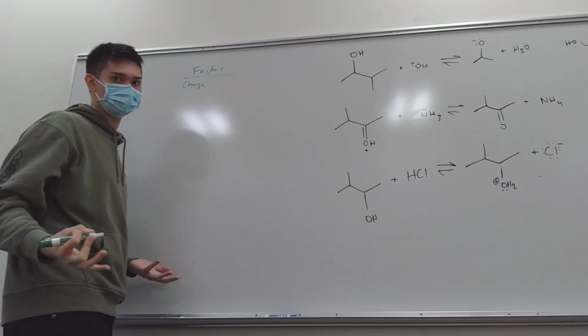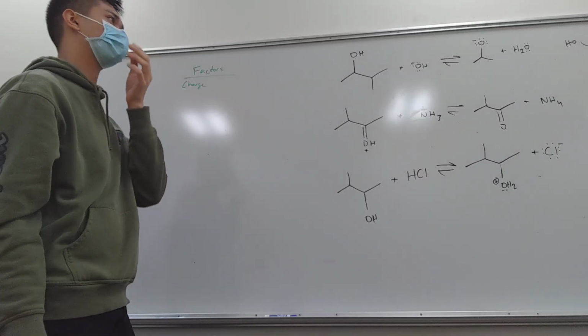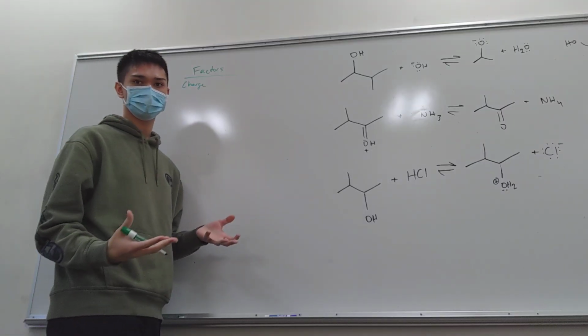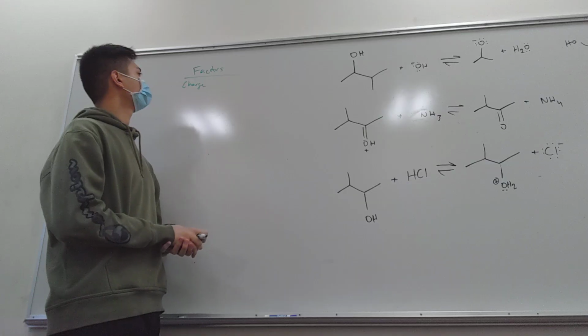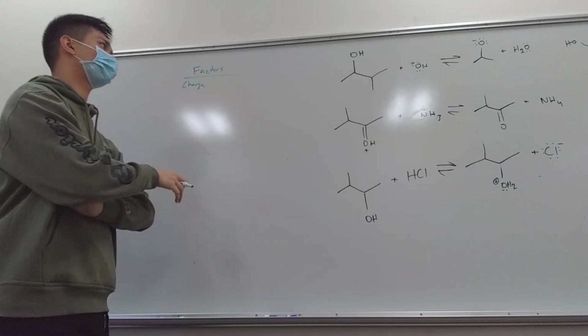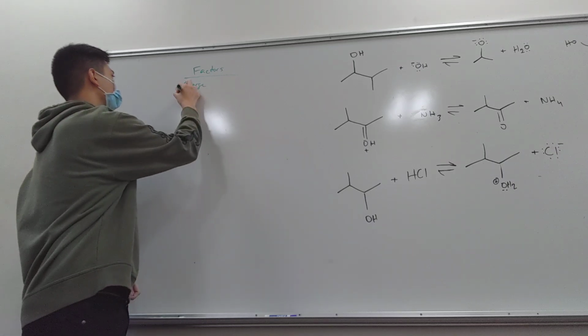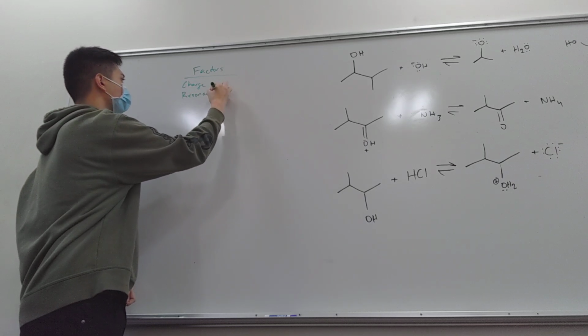And if so, who's holding the charge? If there isn't any side that's holding the charge, then it will be more stable, right? Because charges bring instability. But if there is a charge, then we want to know who is holding the charge and if it's good. We also want to know if there's resonance involved in stabilizing that charge.